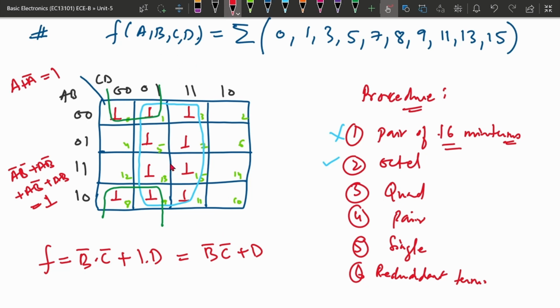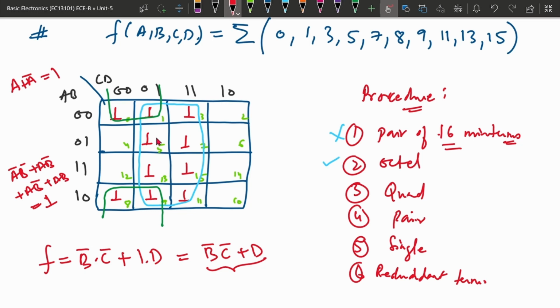But in case of a 4 variable term, if a quad is there, it will be able to reduce 2 variables, only 2 variables will be left. So the final simplified one is B bar C bar plus D in case of a 4 variable function. So this is how we need to do the minimization.